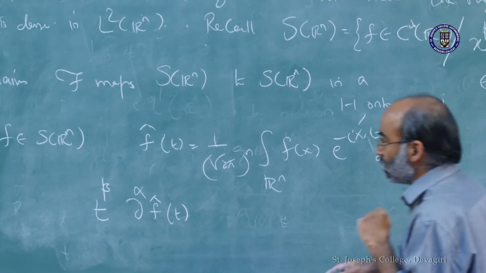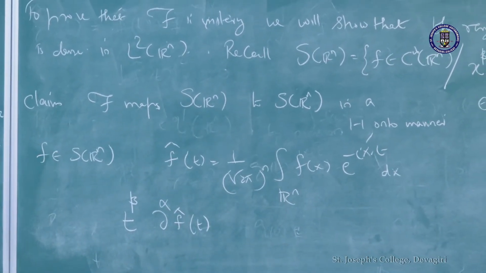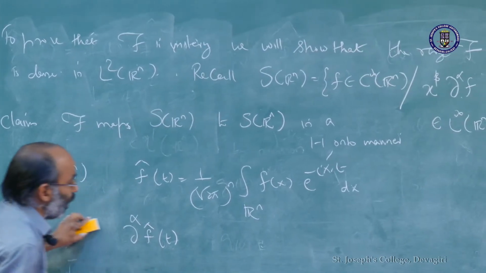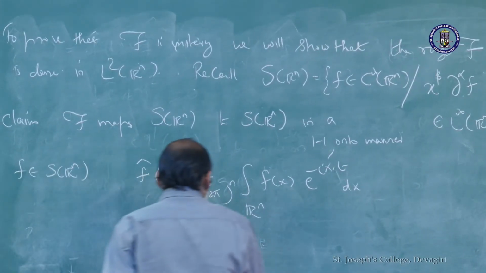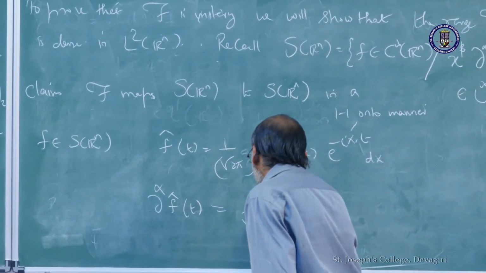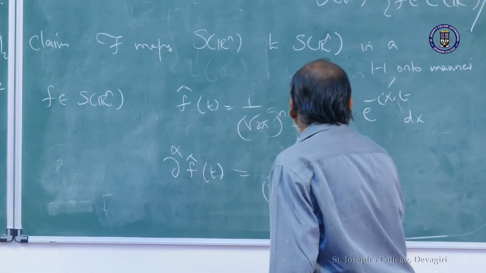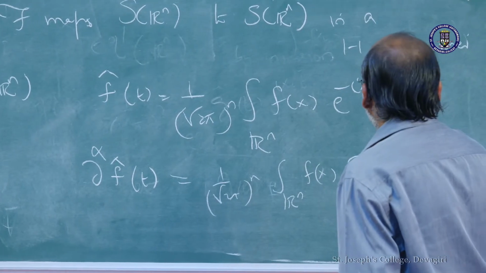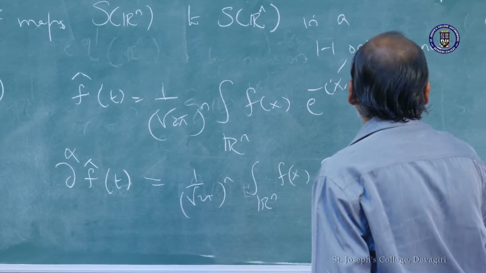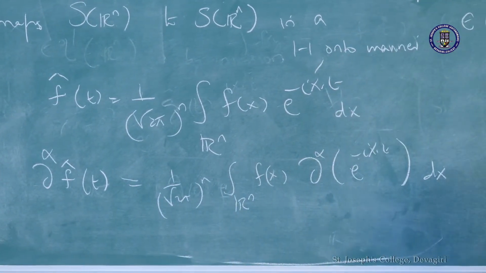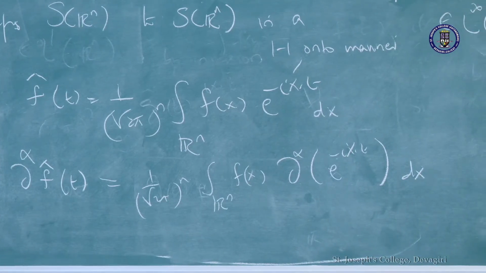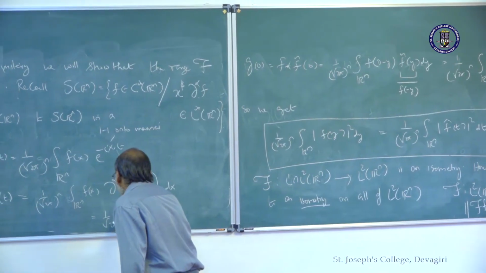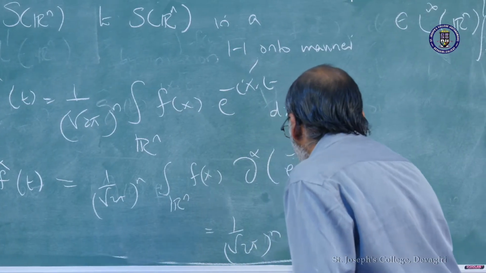Okay. So, let us do this one step at a time. Let us start with derivatives first. So, d alpha f hat would be 1 by root 2 pi to the n, integral over Rn of f(x) d alpha of e to the minus i x dot t dx, right. That is simply DCT, which is equal to 1 by root 2 pi to the n, integral over Rn.